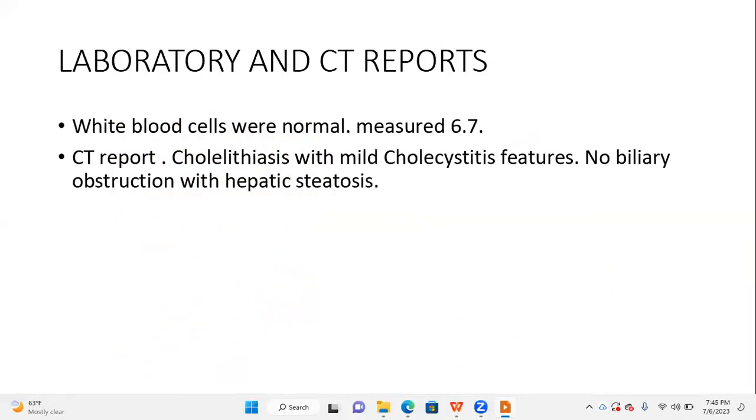So the laboratory and CT reports for this patient: the white blood cells were normal. They measured 6.7 microliters. Then the CT report revealed cholelithiasis with mild cholecystitis features. There was no CBD obstruction, common bile duct obstruction, and the patient also had hepatic steatosis.